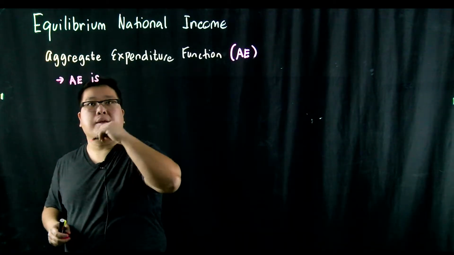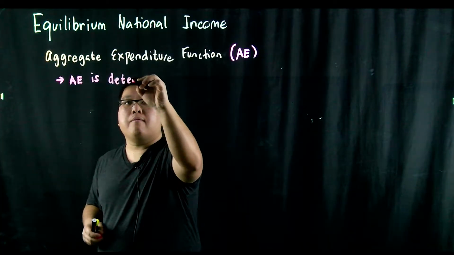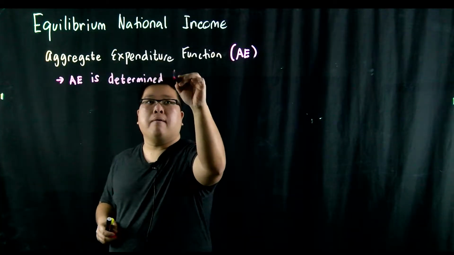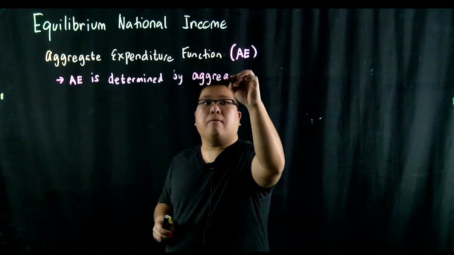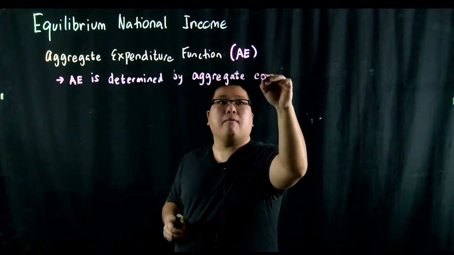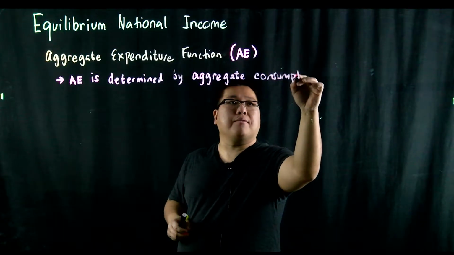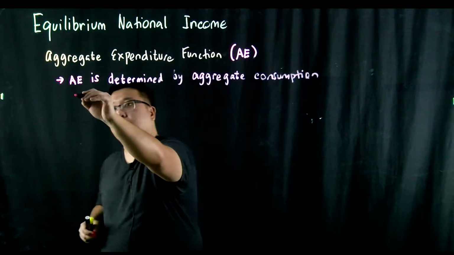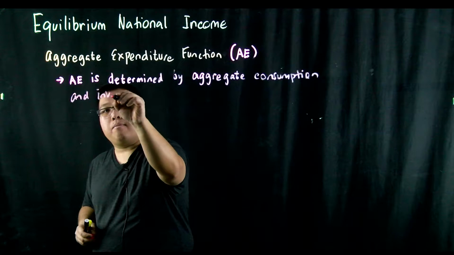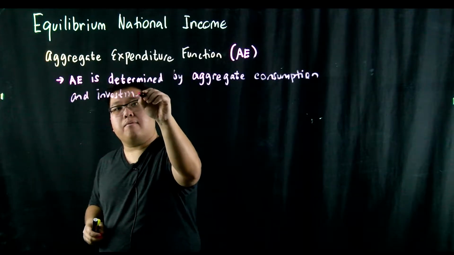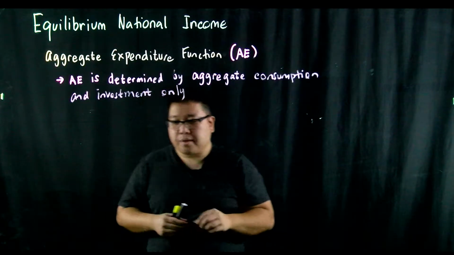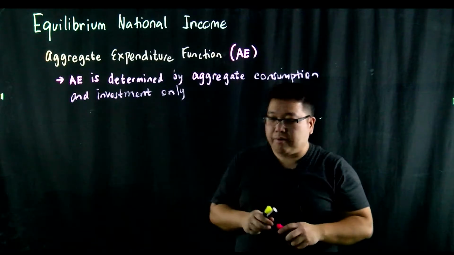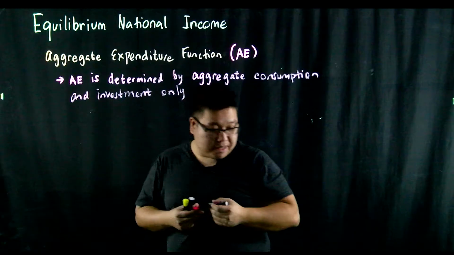So we're gonna assume that AE is determined by aggregate consumption and investment only.